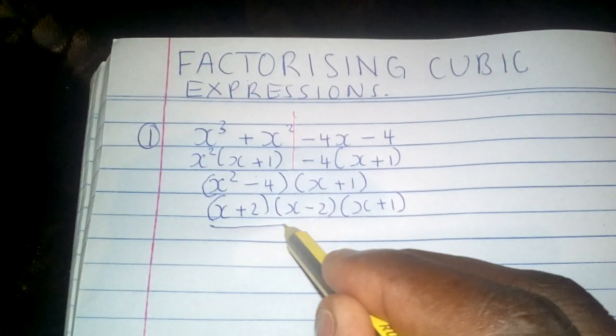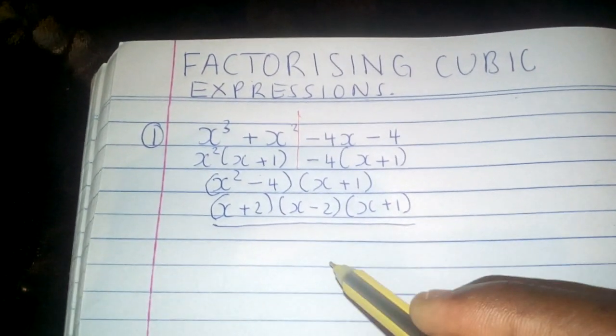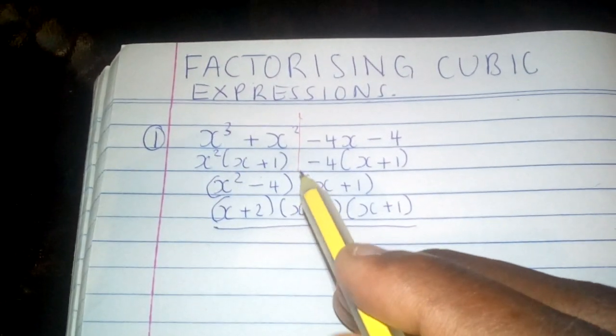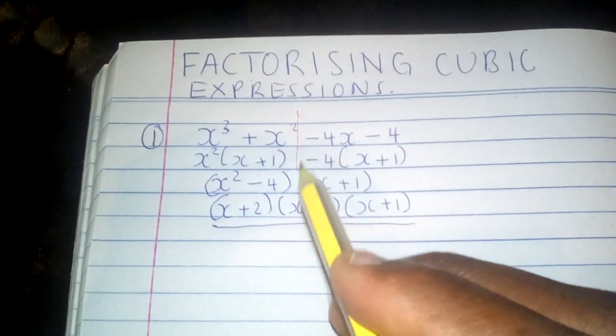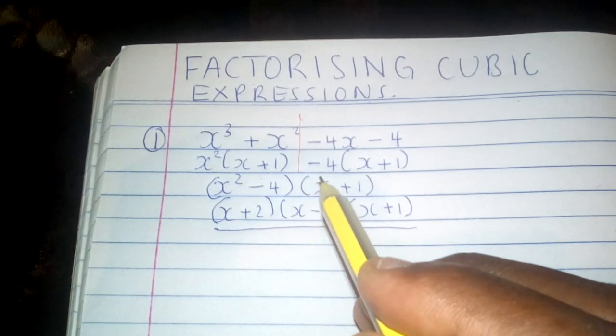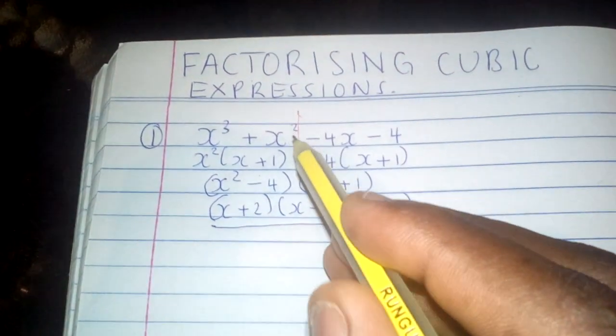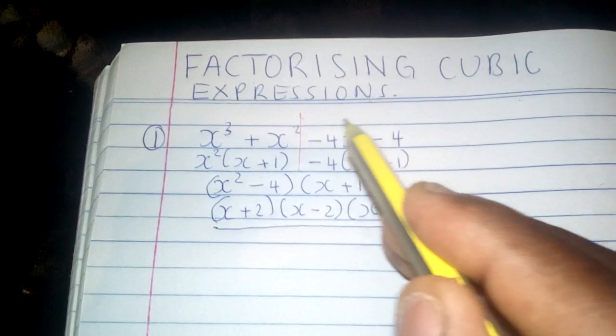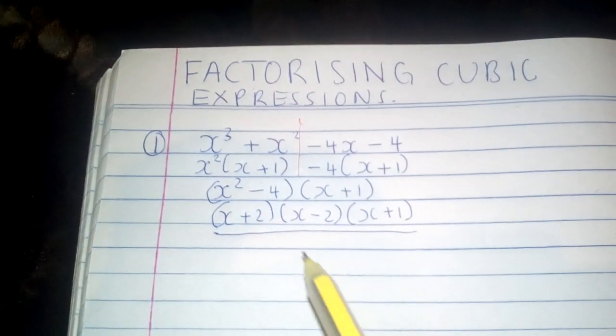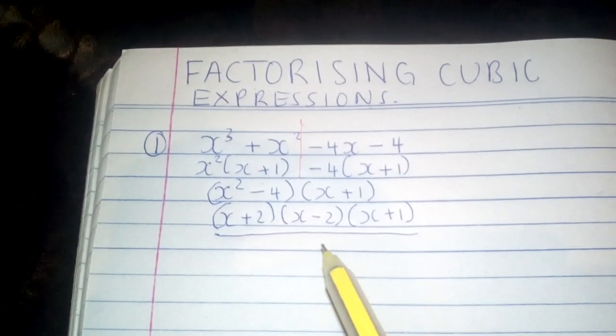Hence we have factorized our cubic expression. Now this question was able to factorize by grouping. We grouped this part and we grouped that part, and finally we got our three factors.